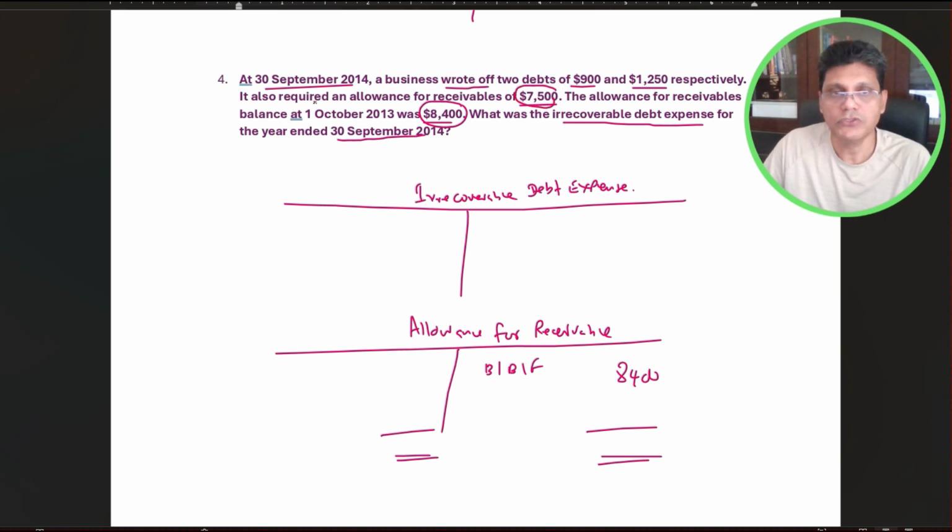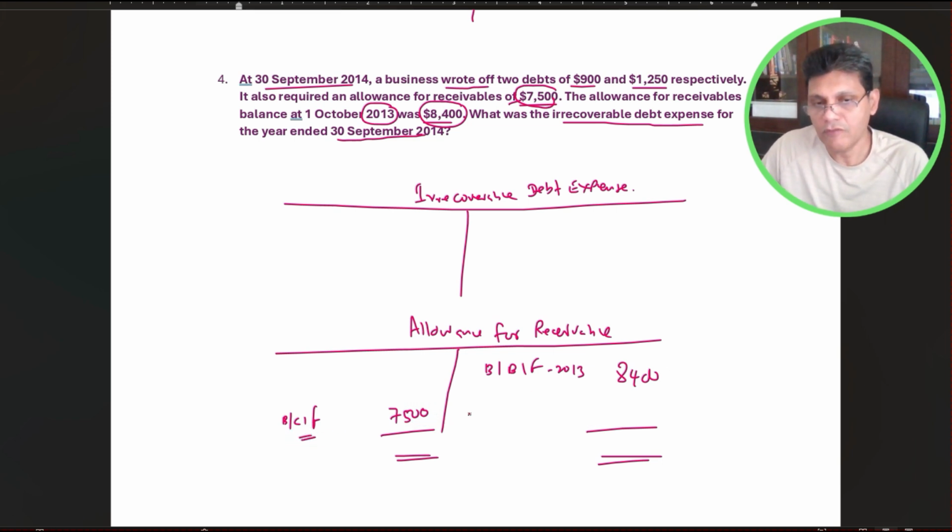It also required an allowance for receivable of 7,500. So this 8,400 was the 2013 opening balance. So in 2014, they want a carried forward balance of 7,500.